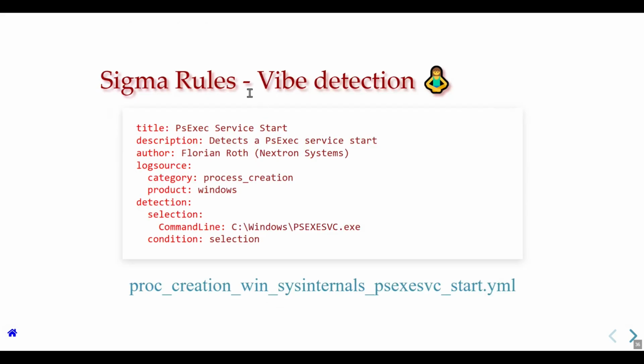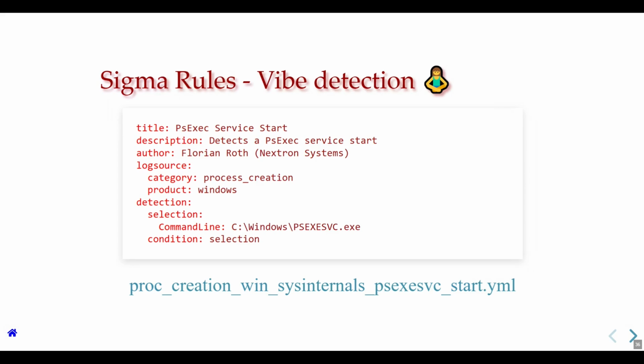In the last section, we discussed how to write detections for this particular attack, and we saw that there was a problem in sharing that detection with people who had different systems, different detection platforms, different detection stacks.